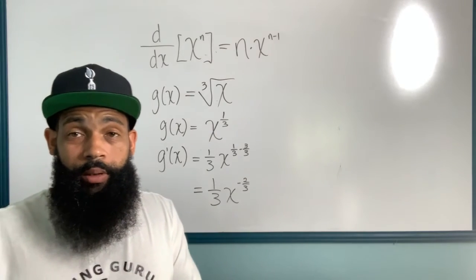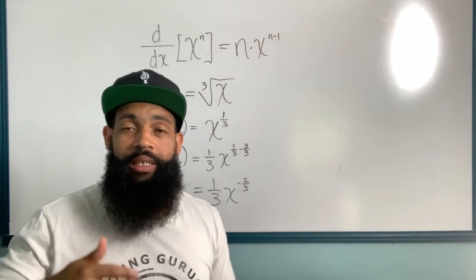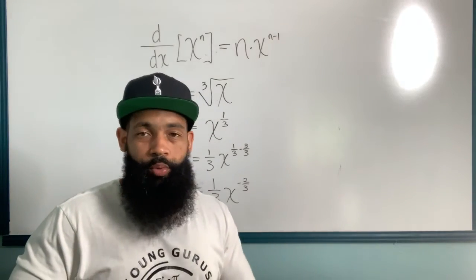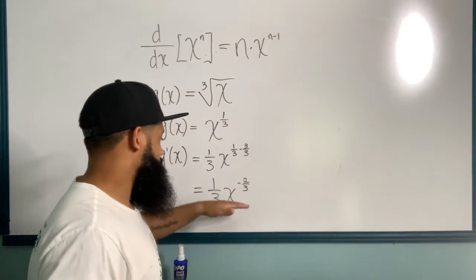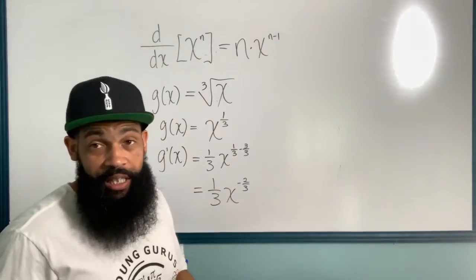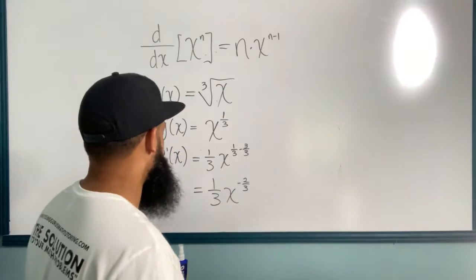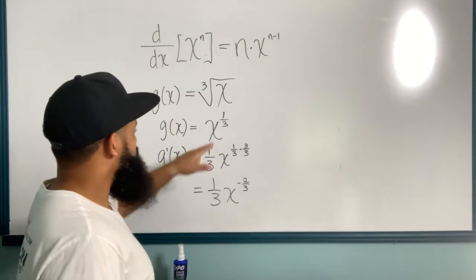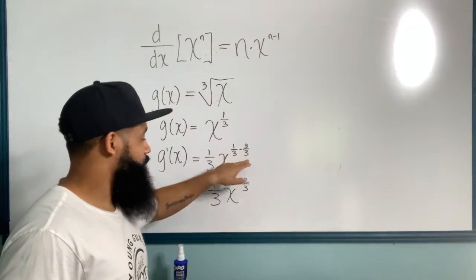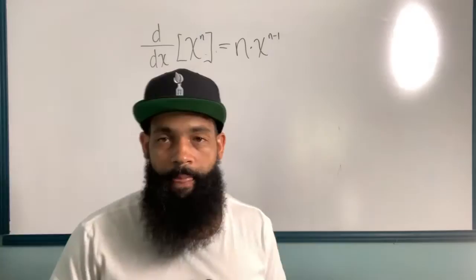One of the things that I want to let you all know is that you'll see different versions of these different functions. Some people leave it like this. The book that I'm a fan of leaves it in this form, but there are other forms of that. So once again, all we did was take the exponent, move it to the front of the term, then take the exponent and subtract 1, and we have our derivative.